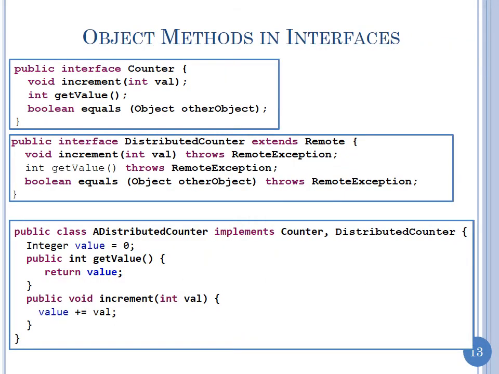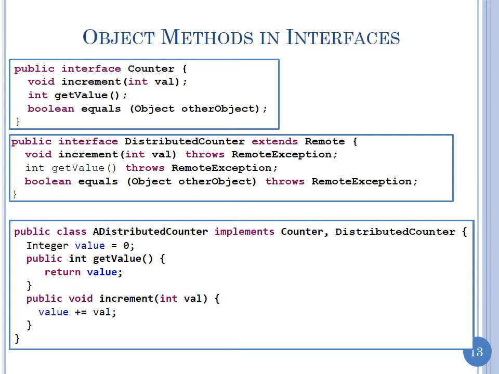So to give Leo's answer in a more long-winded way, let me pose a couple of other questions. Can I, in the interface counter, put the method boolean equals(Object otherObject)? Is that legal? Okay. And then the other question is, can I put in distributed counter, which extends remote, the method equals(Object otherObject) throws RemoteException?